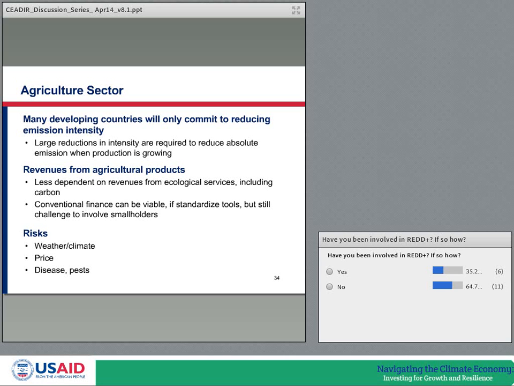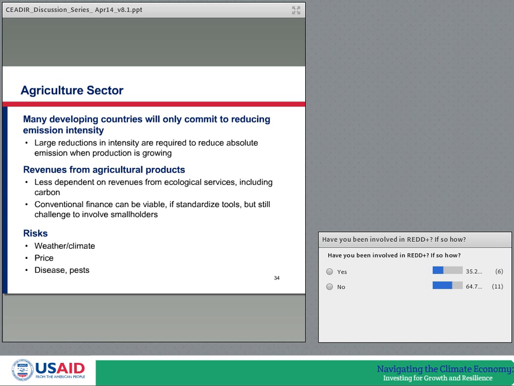Now, a little bit on agriculture, and then I'll talk a bit about forestry. A big picture here is that most developing countries don't want to talk about emission reductions from agriculture. Their number one goal is development and getting people fed.